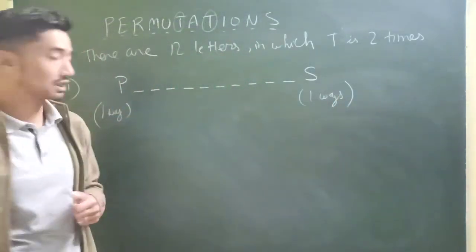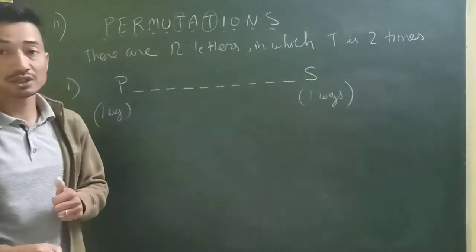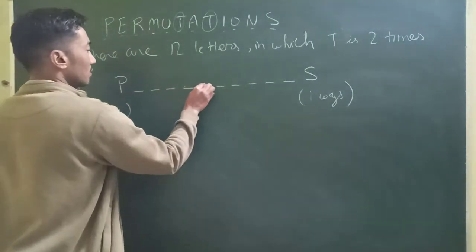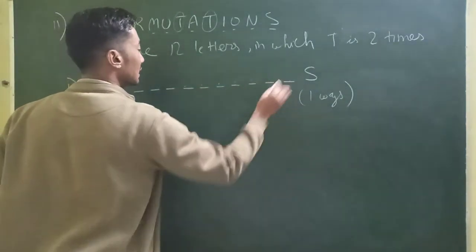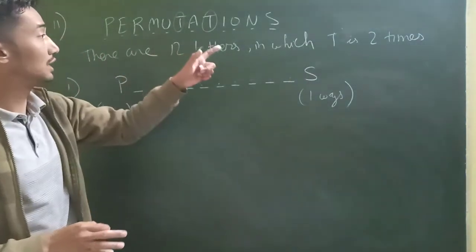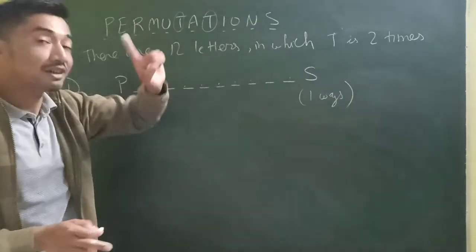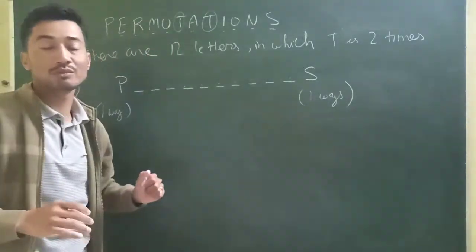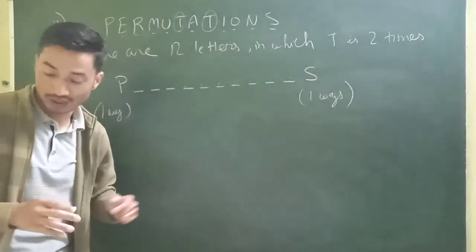So P can be just fixed here, S can be just fixed here. That means the remaining 10 letters can be arranged in how many ways? But remember, T occurs twice, so we have to use that theorem which I had given to you earlier.